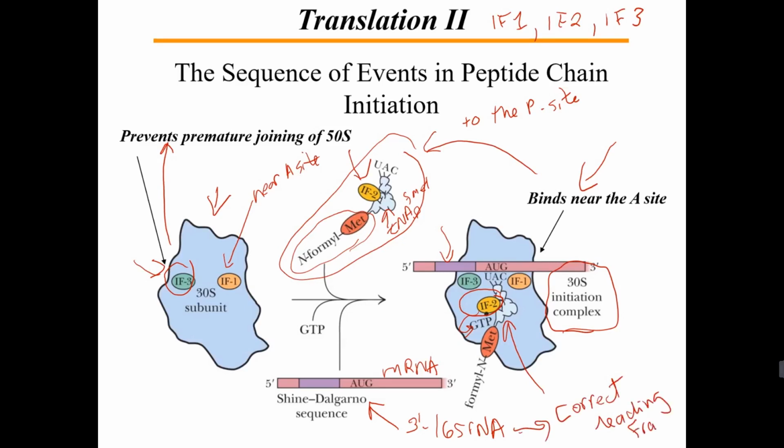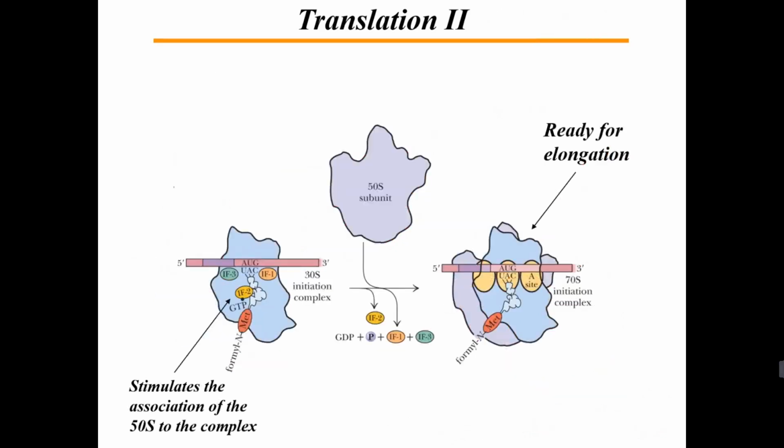All right, so now we've got our 30S initiation complex, and we're going to then assemble the 50S to it. Okay, so here is our 30S initiation complex from the previous slide.